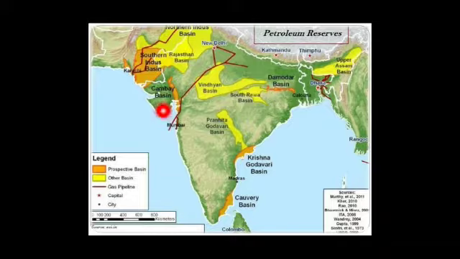You can see the Gulf of Cambay or Khambat. This is Mumbai High, and this is the area of Upper Assam Basin. Apart from this, the highlighted areas are basins, and prospective basin means there is a possibility of oil being here. So in future, with the advancement of technology, if oil is there, it can be extracted.